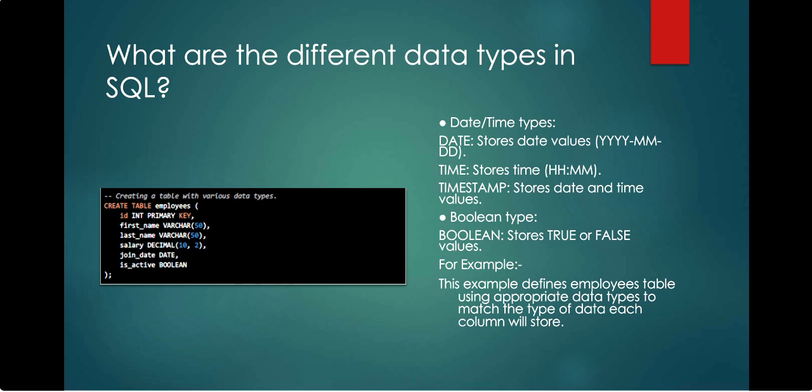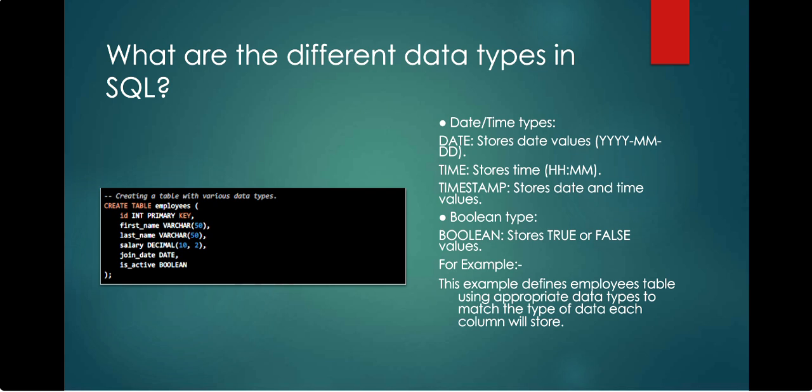BLOB stands for binary large object and it can store large volumes of binary data efficiently. So that's about date type and Boolean type. In some versions of SQL, Boolean isn't supported, where we will be using bit, that is also for true or false, but it stores 0 or 1. So that's about data types.